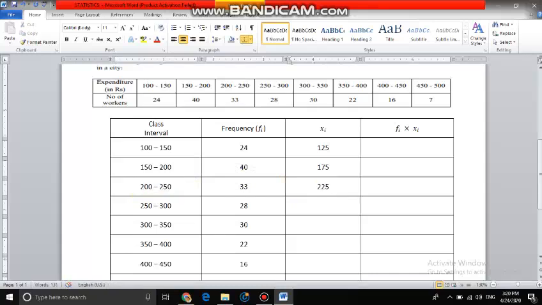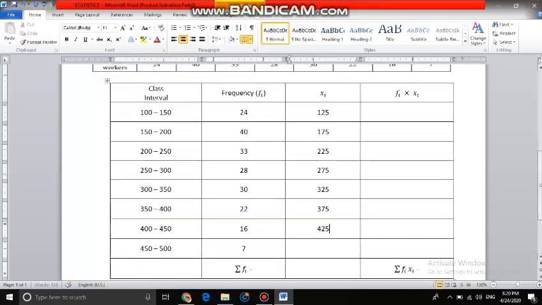Similarly, 250 plus 300 is 550, so it will come as 275. Then it will come as 325. Then 375. This will be 425. And 475.